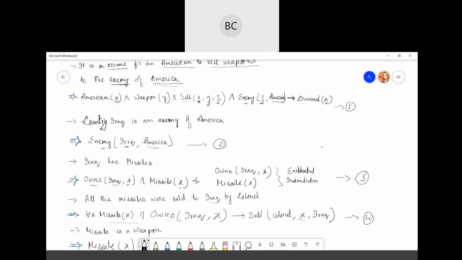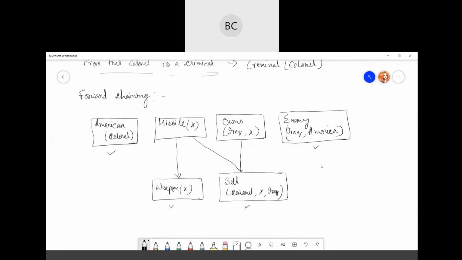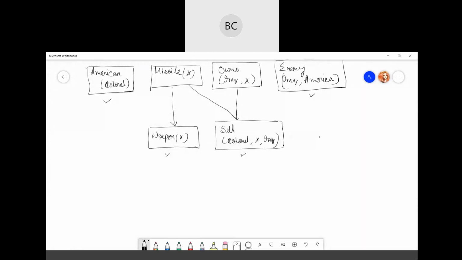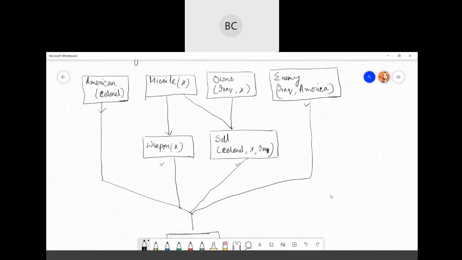Okay, so from all these four, we can say it's a criminal, right? Now, the main thing was X, correct?